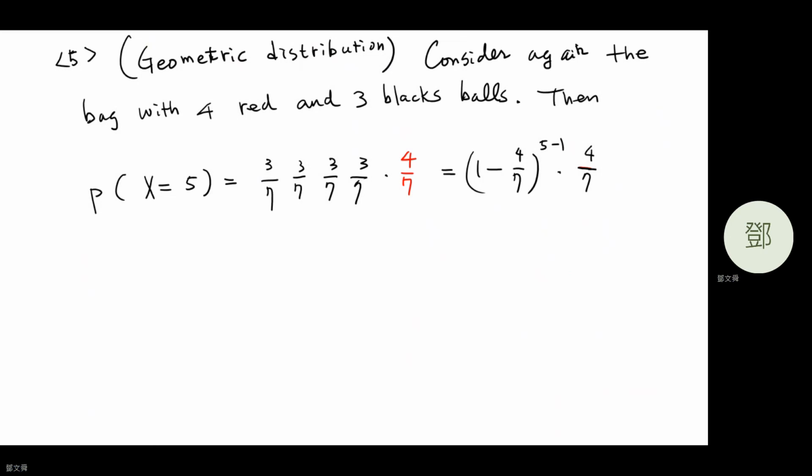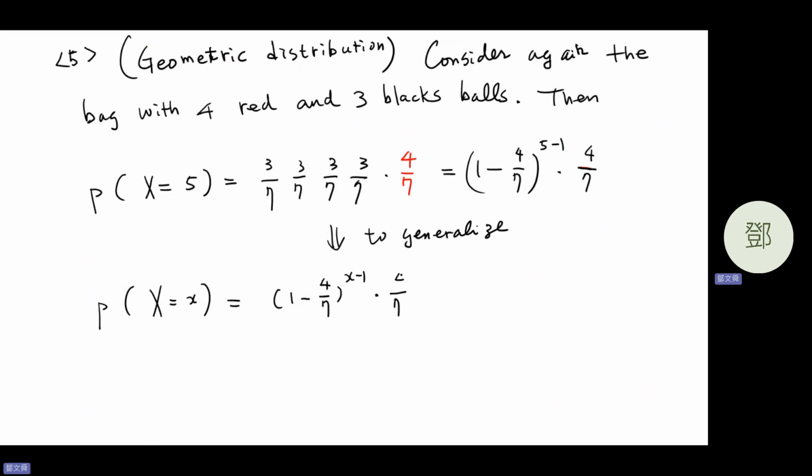To generalize, what if X is any general number? Then the formula would have the failure probability raised to the power x minus 1, and lastly, he makes it a success.